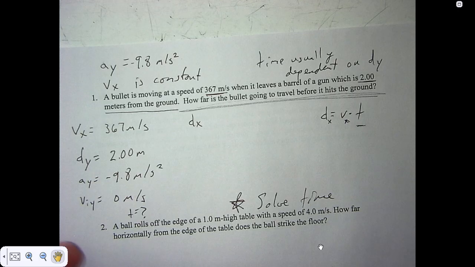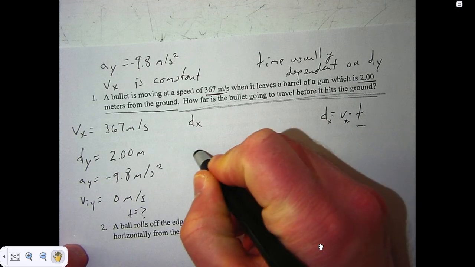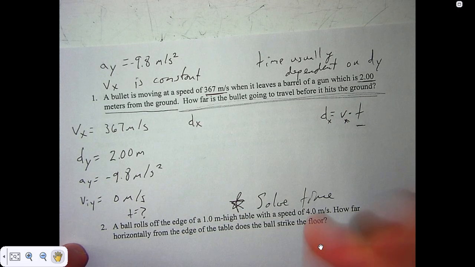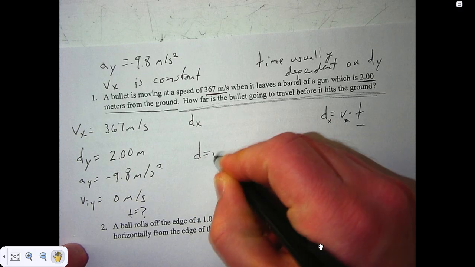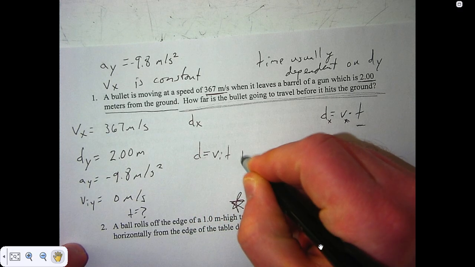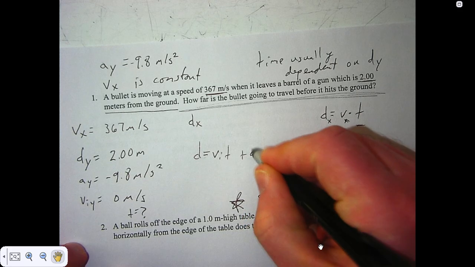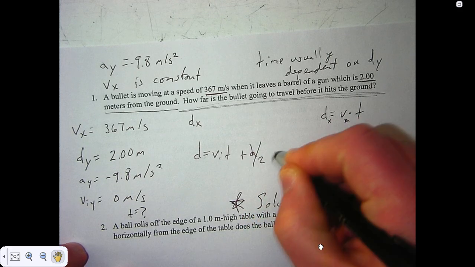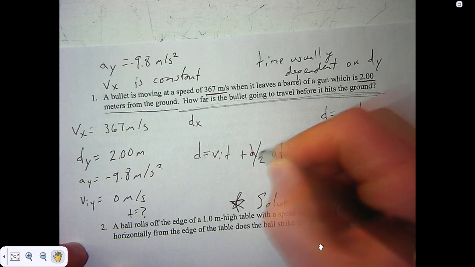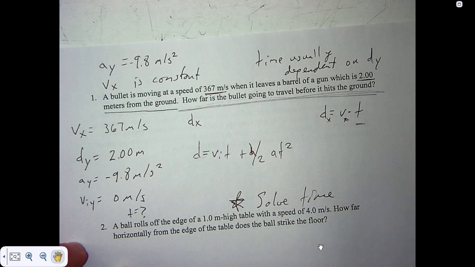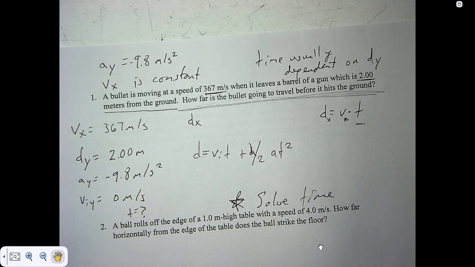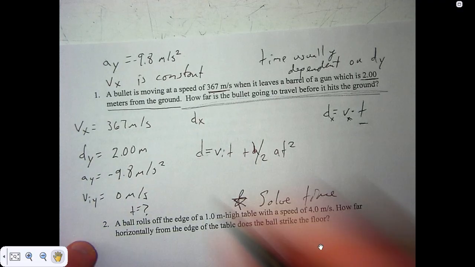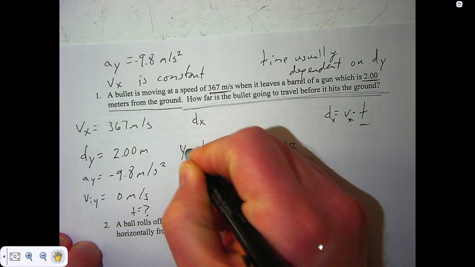Okay, so the equation I should use to solve for time, I need a 1/2 at squared. So again, d equals VIT plus 1/2 at squared. But this is all in relation to y.